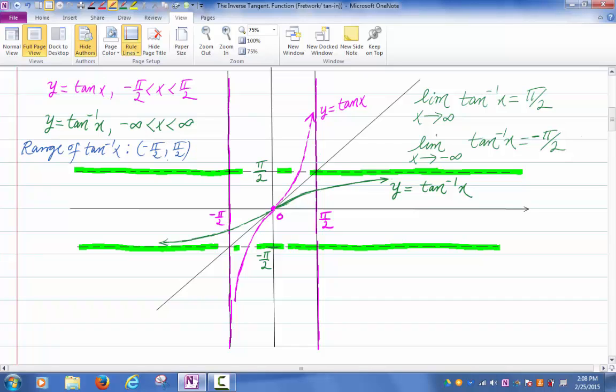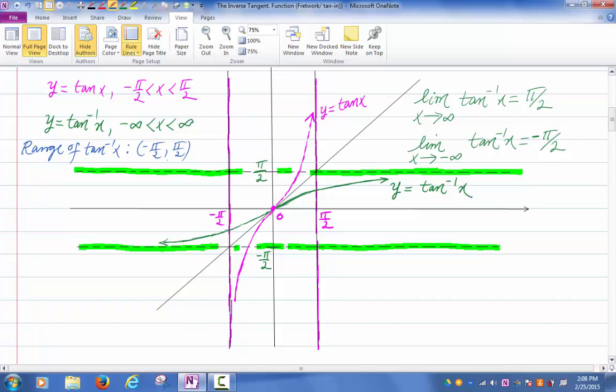Horizontal asymptote at pi over 2. Tangent has a vertical asymptote at negative pi over 2. The inverse tangent will have a horizontal asymptote at negative pi over 2. Is everybody clear? So the green straight lines are the horizontal asymptotes for the inverse tangent. Am I making sense?